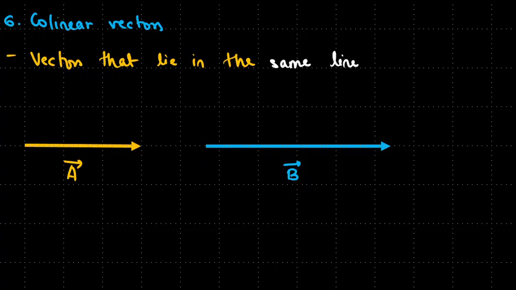Now the next one that we're going to talk about is coplanar. I think this is the seventh one. I'm not sure about the spelling, so be careful on that. Coplanar vectors. So co meaning same, planar meaning plane.